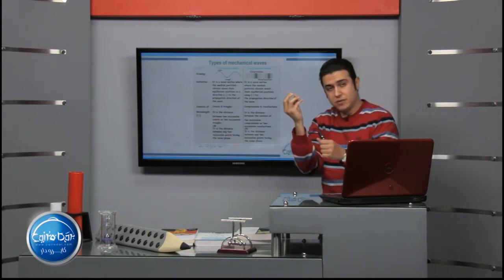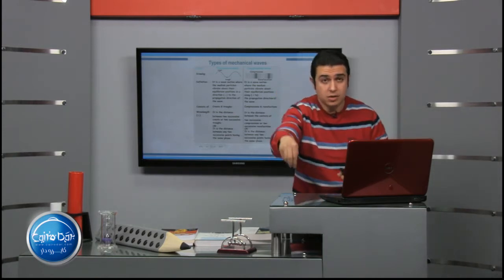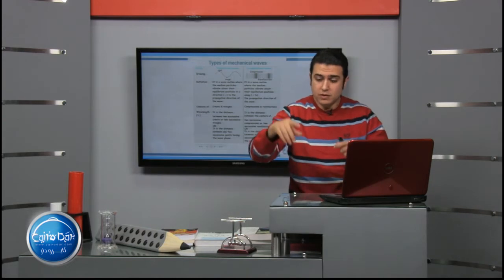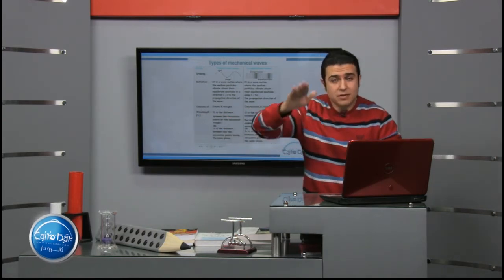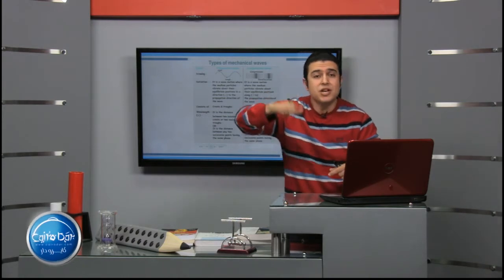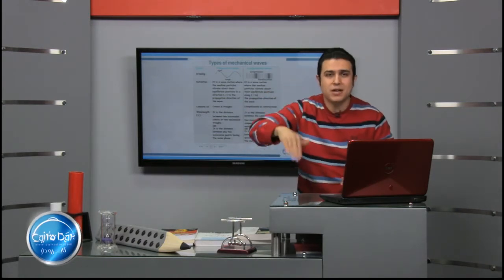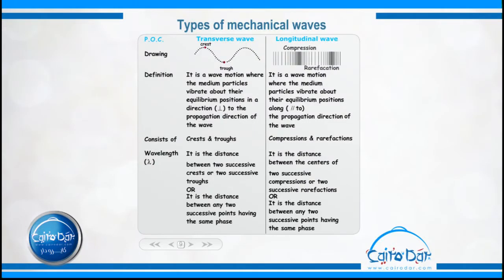But if you throw a stone in water, the stone of course makes waves, and the medium particles vibrate perpendicular to the propagation direction. So when the medium particles vibrate perpendicular to the propagation direction, this type of wave is called a transverse wave.